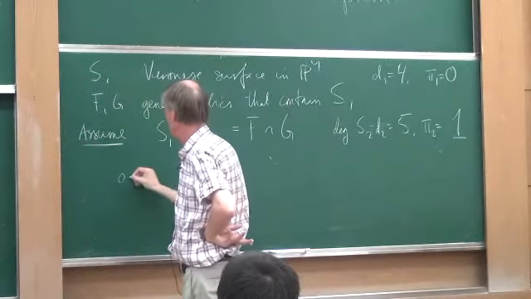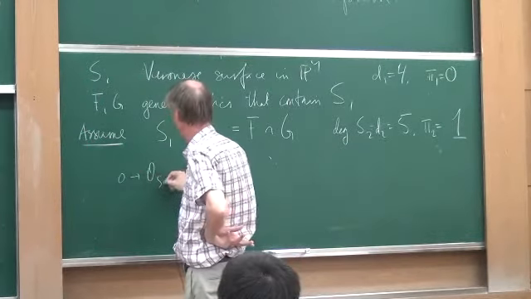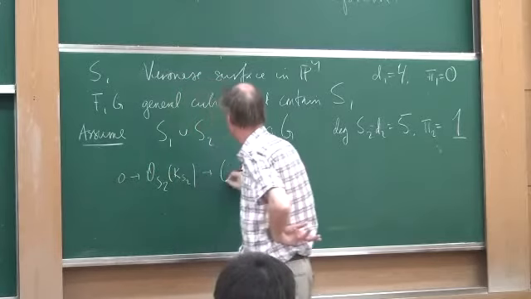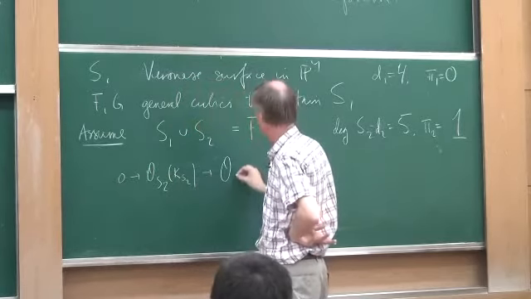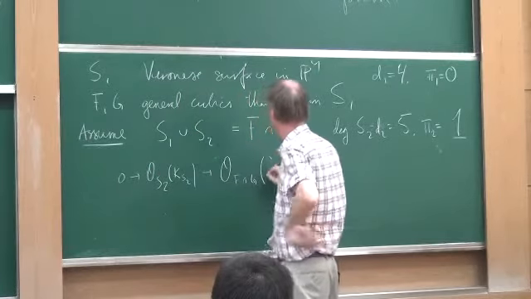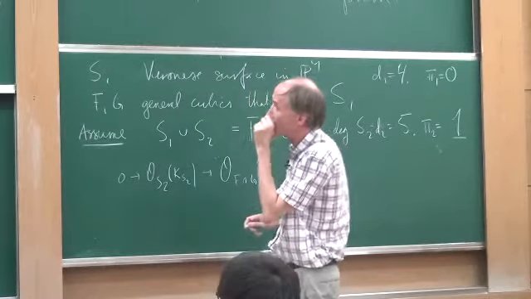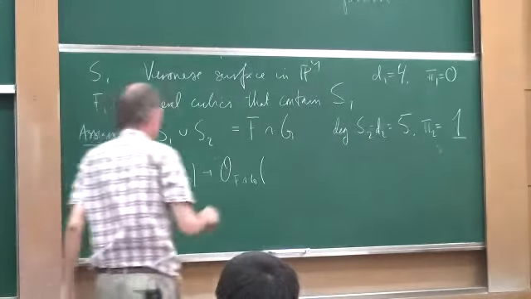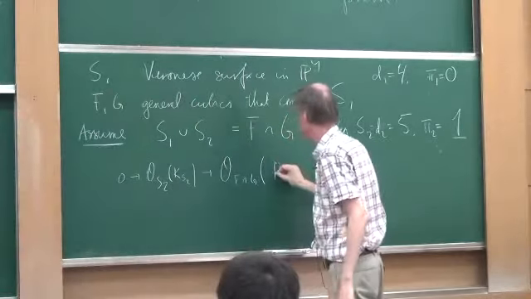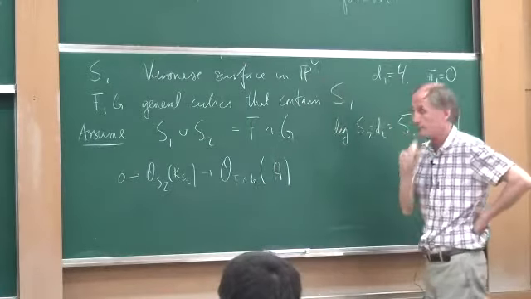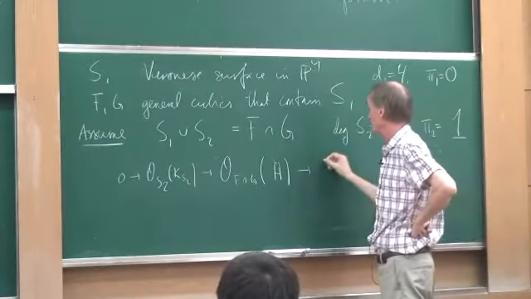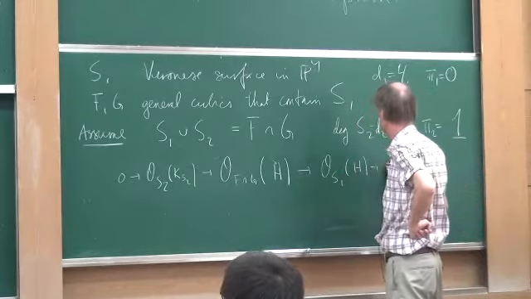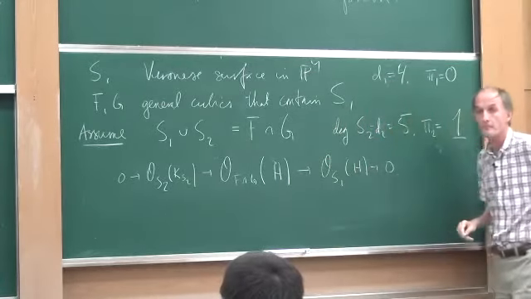I start with O S2, then omega of K S2. And then I get F intersect with G. And now F plus G minus 5. Both of them are 3, so minus 5, that's H. That's just 1 here. And then I get O S1 of 1. Like that.